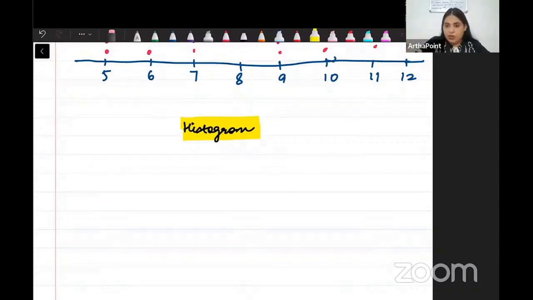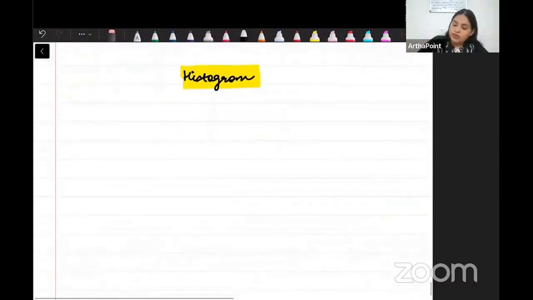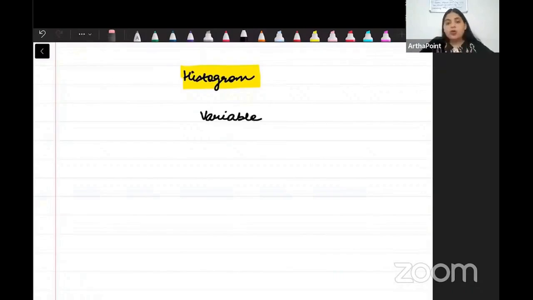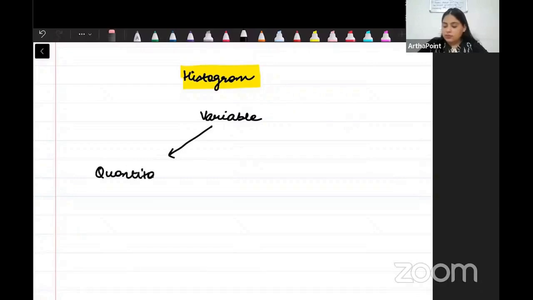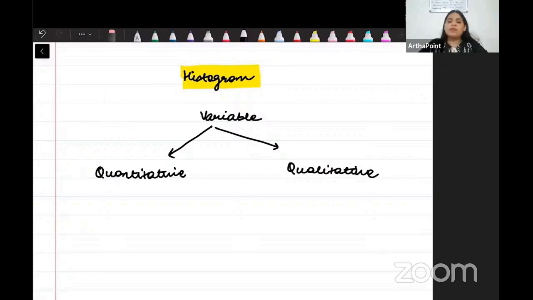A numerical value, first of all, try and understand this thing, can either be discrete or continuous. So I want to begin with a variable. Remember, yesterday I told you a variable can either be numeric, that is quantitative, or qualitative.